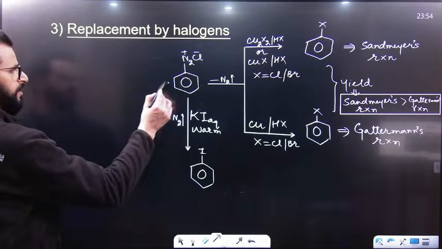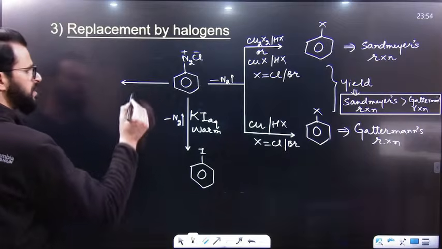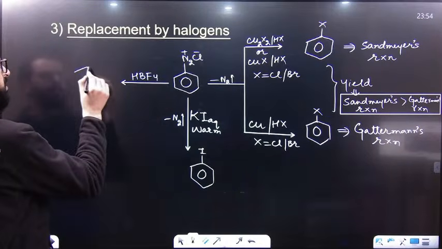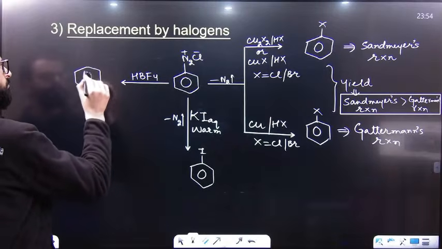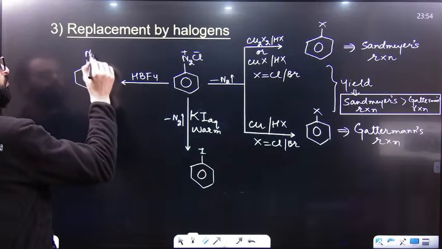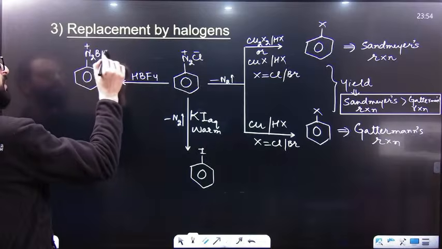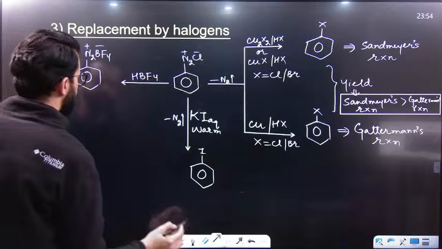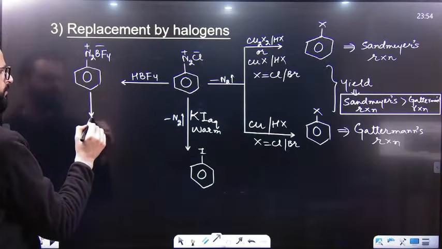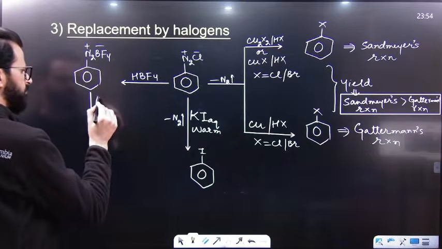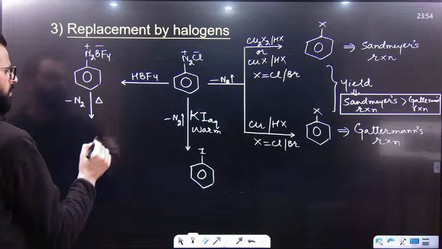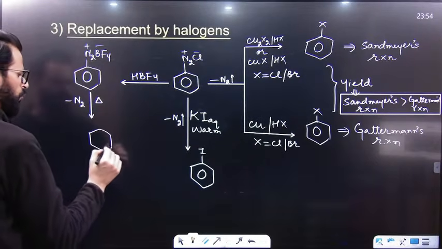But if you treat this with HBF4, tetrafluoroboric acid, first of all, it will result in the formation of N2 BF4 minus. That means here anions are replaced. After that, if this is heated, it will lose nitrogen and result in the formation of fluorobenzene.